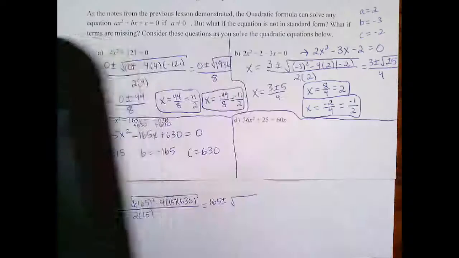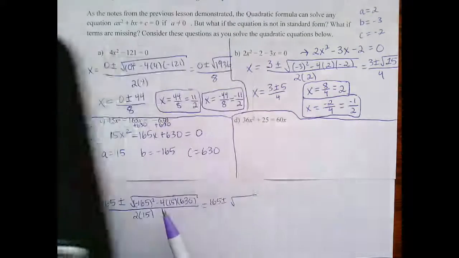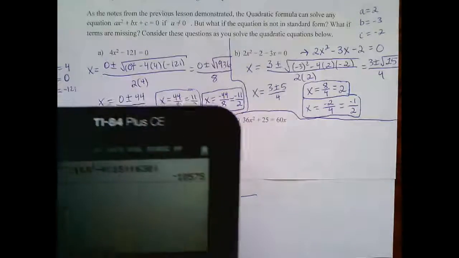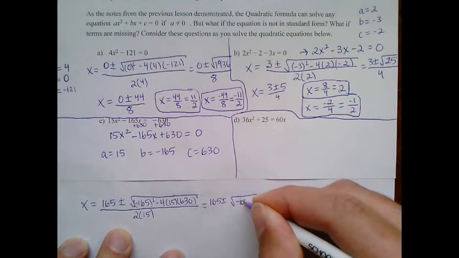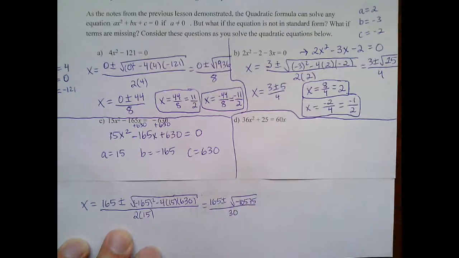And you get something like negative 10,575, all over 2 times 15, which is 30.